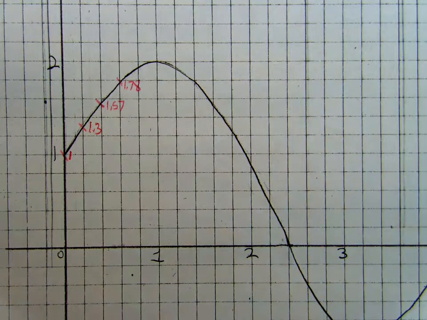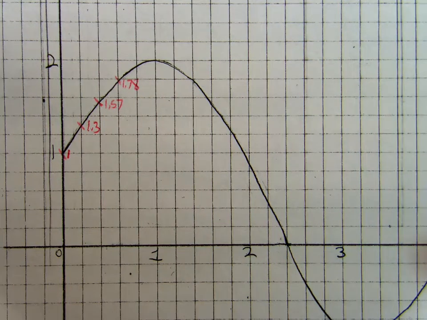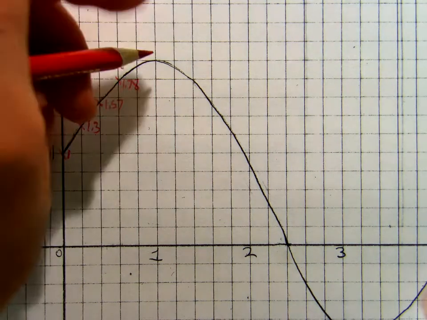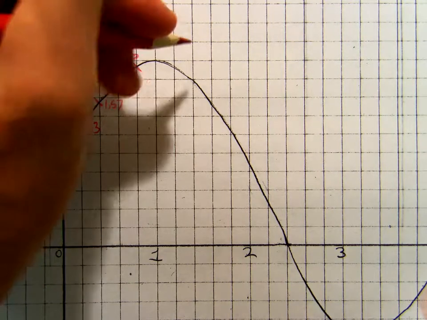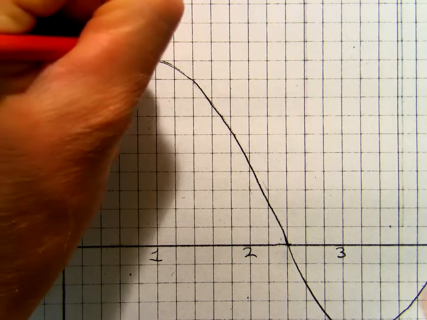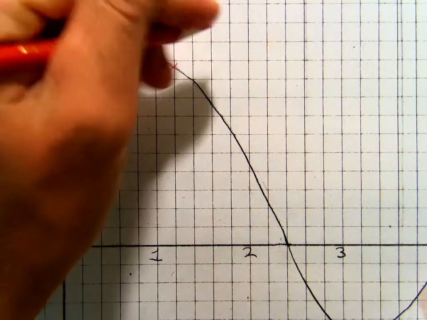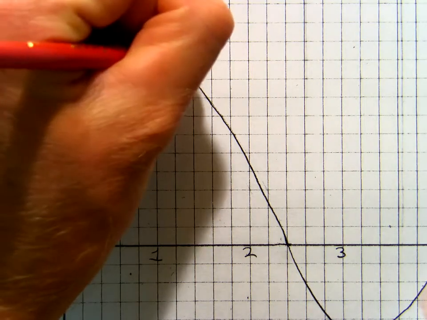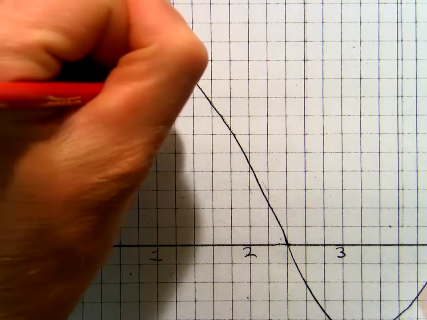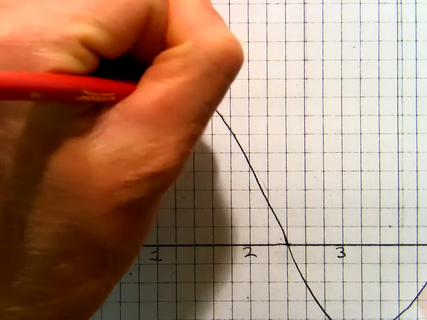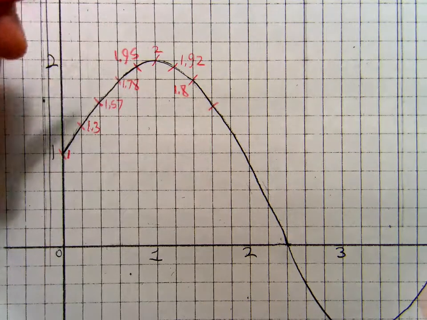So this is the part where I'm going to go through things pretty slowly. But I wrote it all down ahead of time. So I'm just marking what the y value is for each. Call that 1.95. I'm going to call that 2. I'm going to call that 1.2. I'm going to call that 1.8.